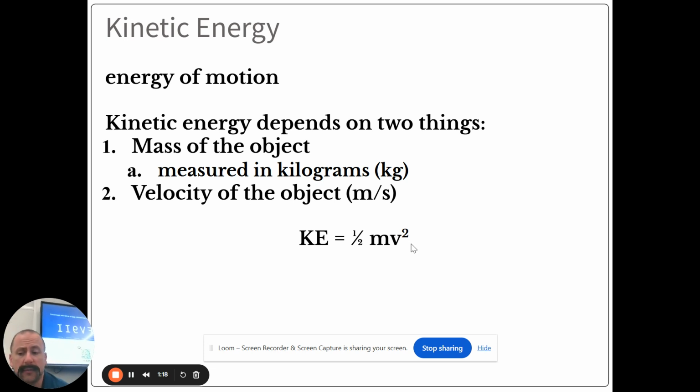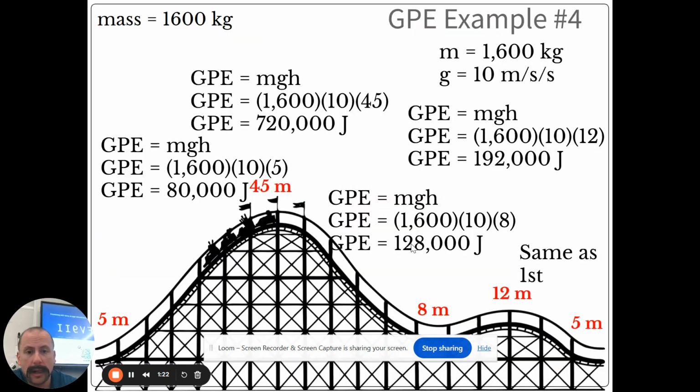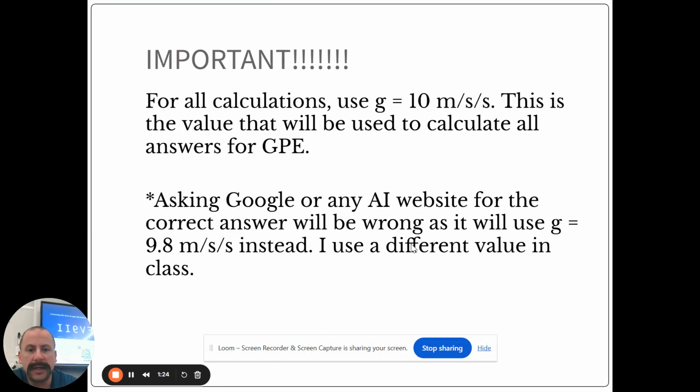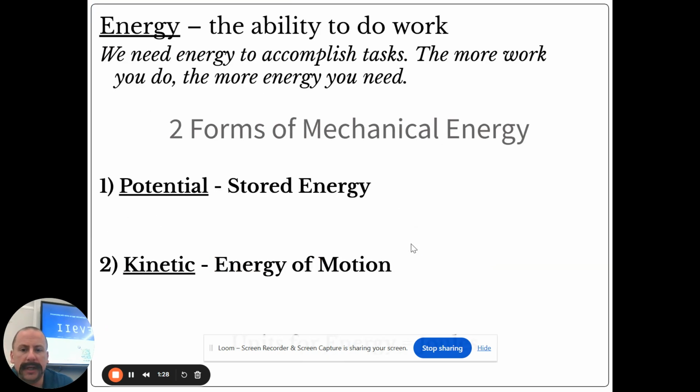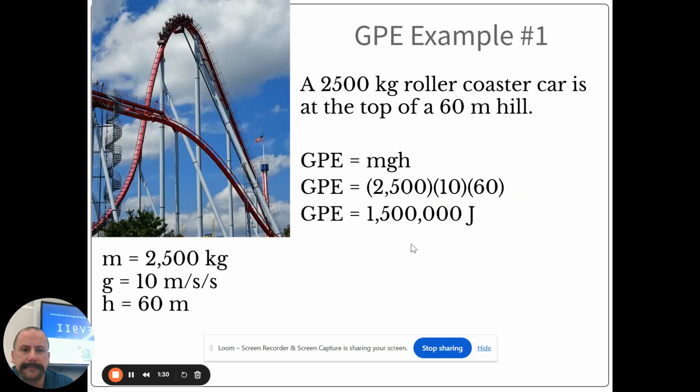Now, a couple things with this equation. With the equation for GPE that you used the other day, it did not really matter if you had the order messed up. If you said the mass and height were opposites, where m is 60 and h is 2,500, when you plugged into this equation, it wouldn't have mattered.